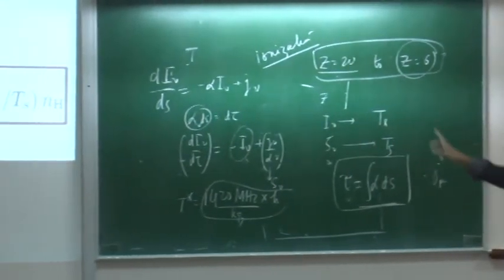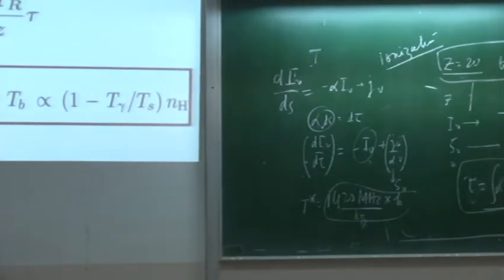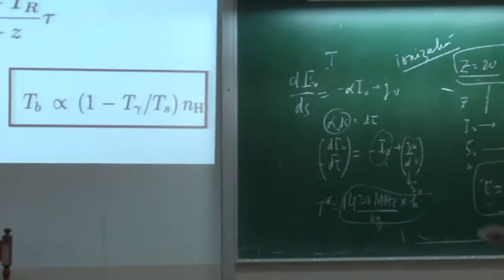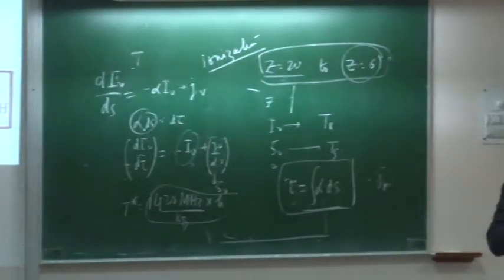I put a proportionality sign because there are lots of other things, but what is important is to see that it depends on the difference between Ts and Tr, and it also depends on the gas density.